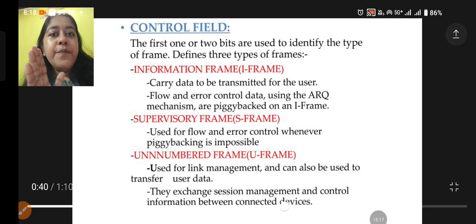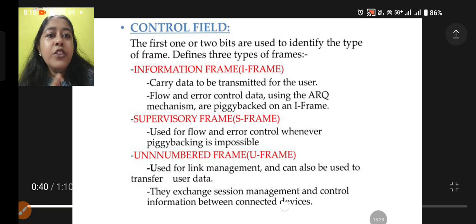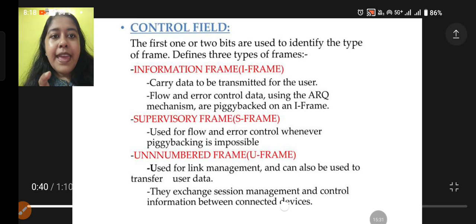So here also the basic thing is flow and error control of data. Using the ARQ mechanism, the automatic repeat request, the flow and error control data are piggybacked on an I frame.